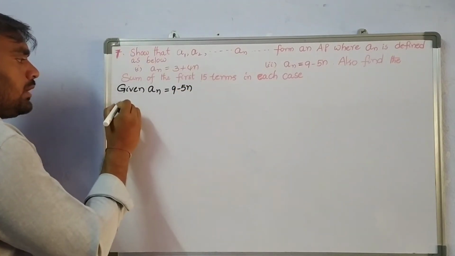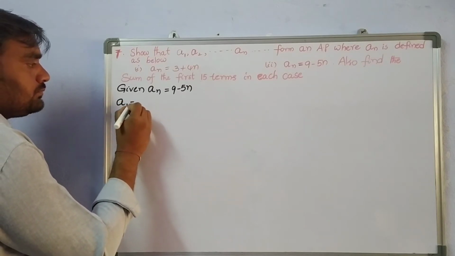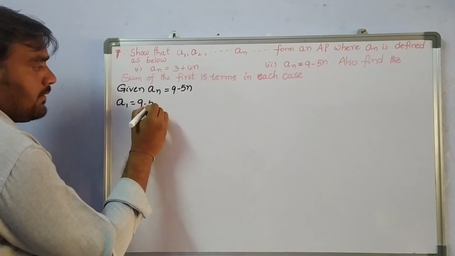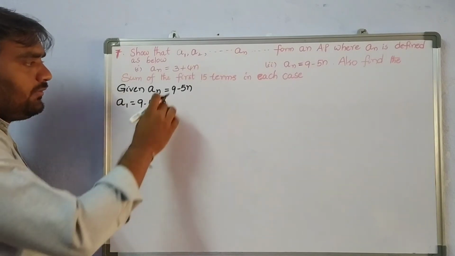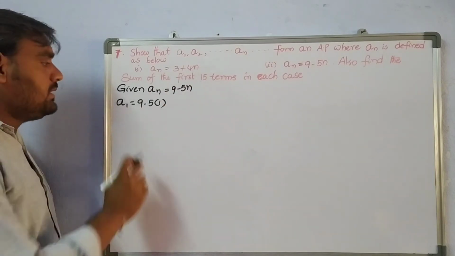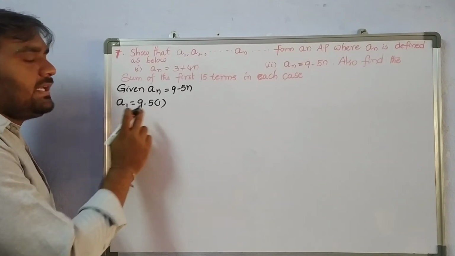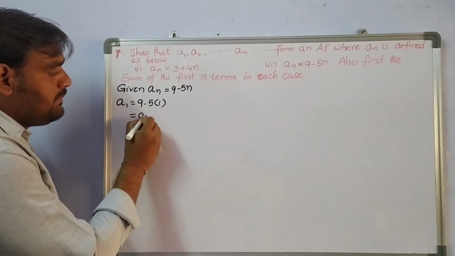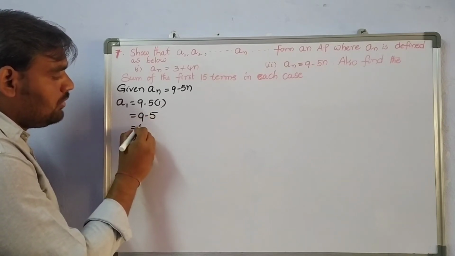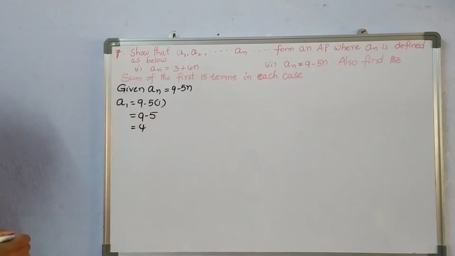Now A1 is equal to 9 minus 5 into 1. If An is equal to 9 minus 5n, then A1 is equal to 9 minus 5 into 1. So here we will get 9 minus 5, so we will get 4. A1 is equal to 4.